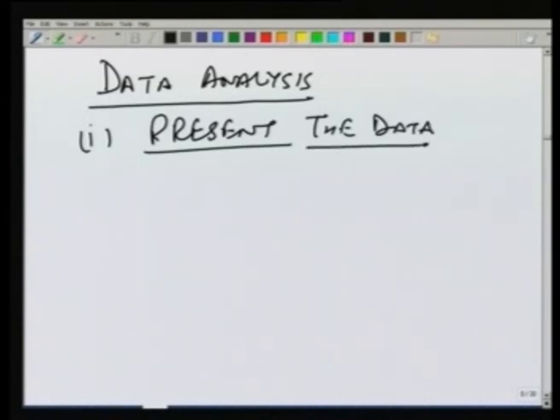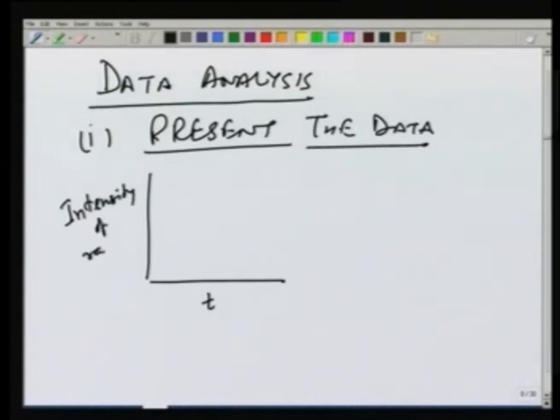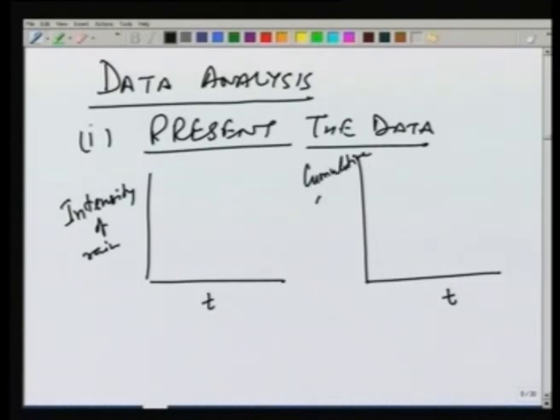The two commonly used techniques are one in which we plot the intensity of rain, and in the other we plot the cumulative depth of precipitation.